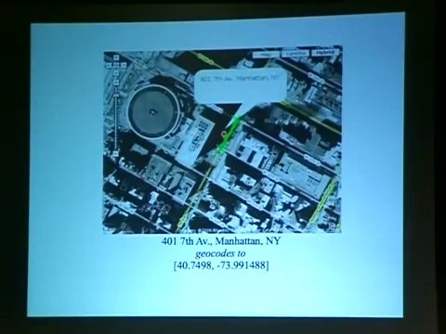But what if you have a block where there's a big building on the end and its address is 419 and it takes up half the block, and then 401 through 417 are all squeezed into the other half of the block? Well, if you geocode the address 417 7th Avenue, let's say that's the case on this block, it may not hit the right spot, because the interpolation's a linear thing, but addresses aren't always distributed in a nicely linear way.